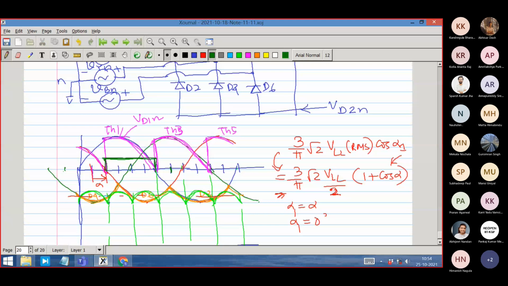Negative current is D2. So negative current is coming here. Right. So you see, a little interesting thing has happened.